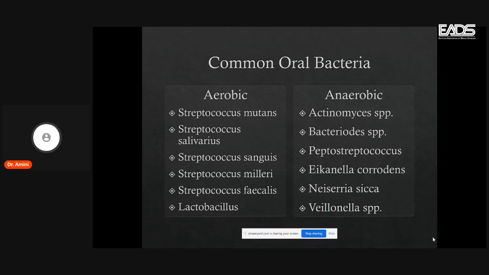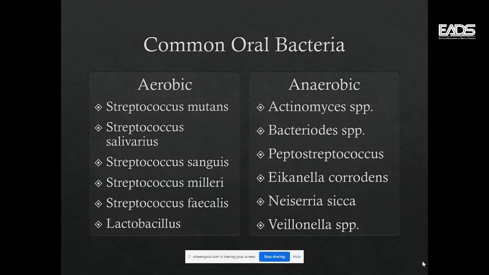Some of the common oral bacteria that we have are aerobic and anaerobic. Mostly streptococcus are the most common aerobic bacteria, plus the lactobacillus. As for the anaerobic that we can have, actinomyces species plus the bacteroides species and others.